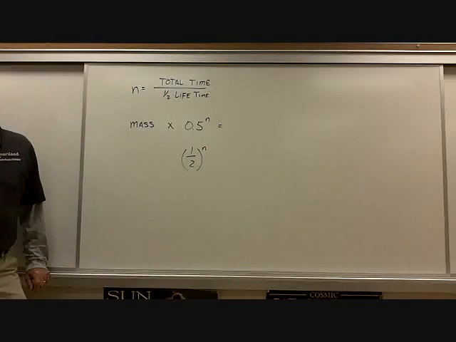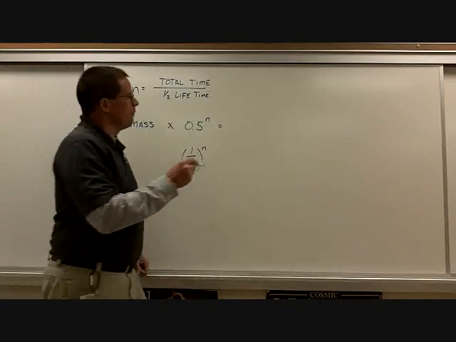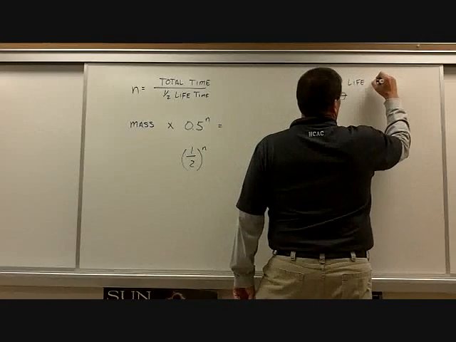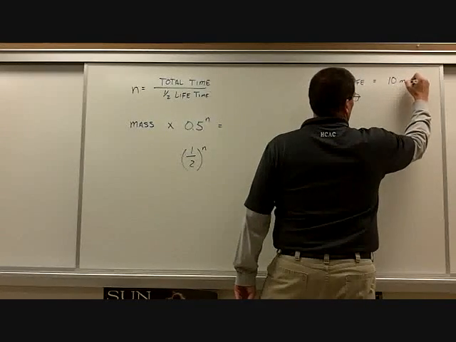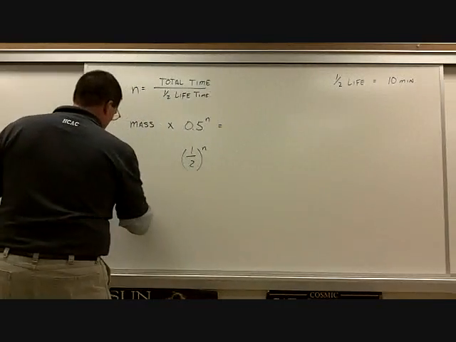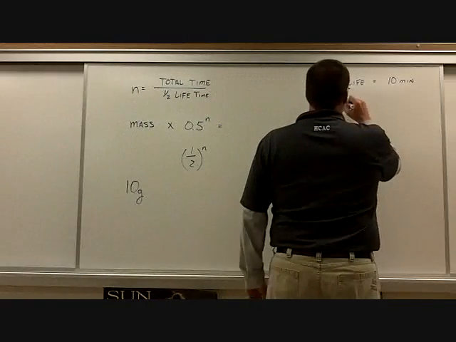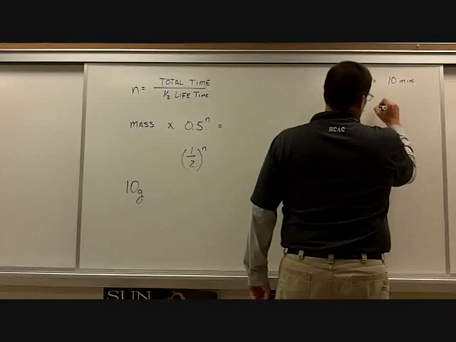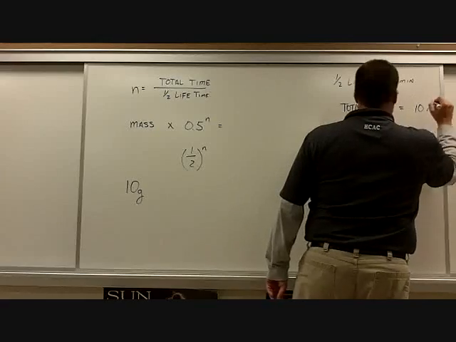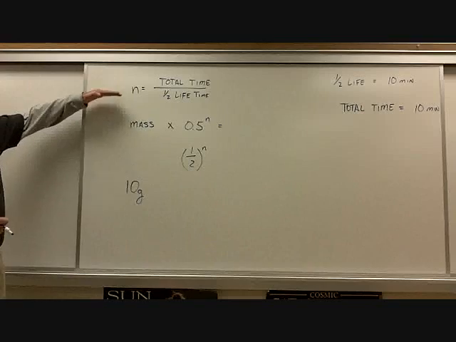So hypothetically speaking, say that the half-life amount of time is 10 minutes. We'll make this easy. Say that we start off with a 10-gram sample, and the total time equals 10 minutes. Again, I'm not making this rocket science here. You give this to us, right, on the question? I will give you this and this, yeah.